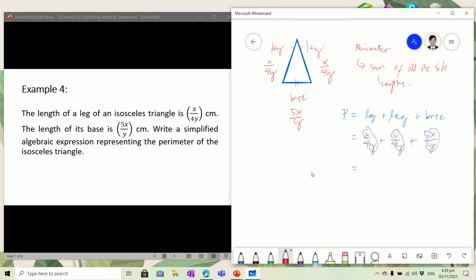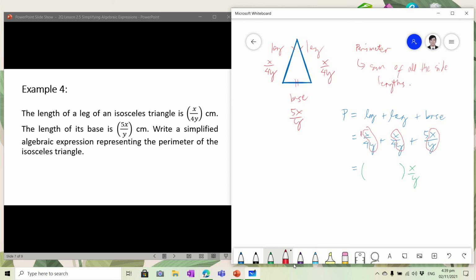So if these are like terms having the same literal coefficient, you just have to copy the x over y, and then we just have to add the numerical coefficients of each term. So what is the numerical coefficient here? It is not just a 4. The 4 is in the denominator. And take note, there is always a 1 beside the variable x.